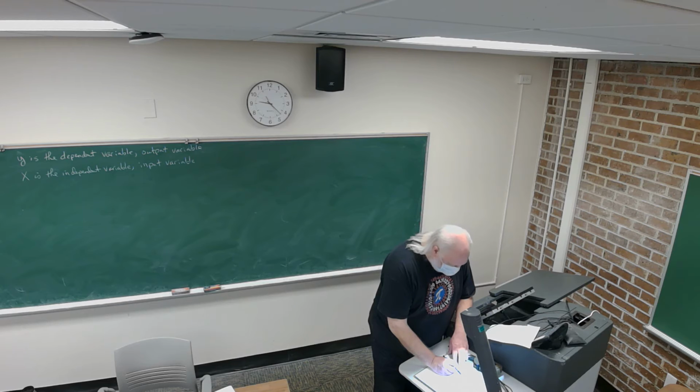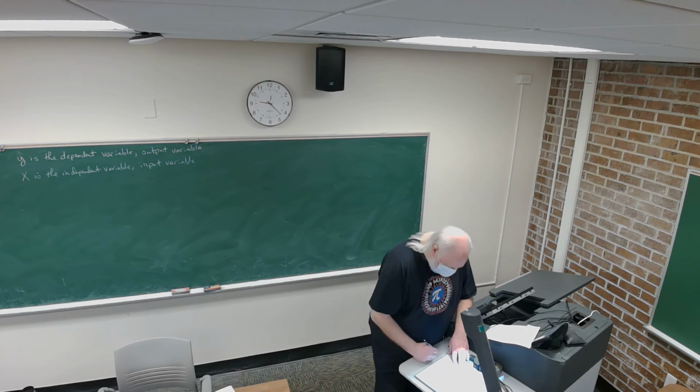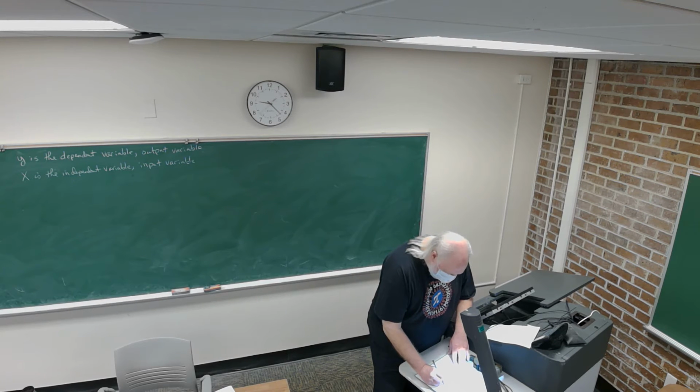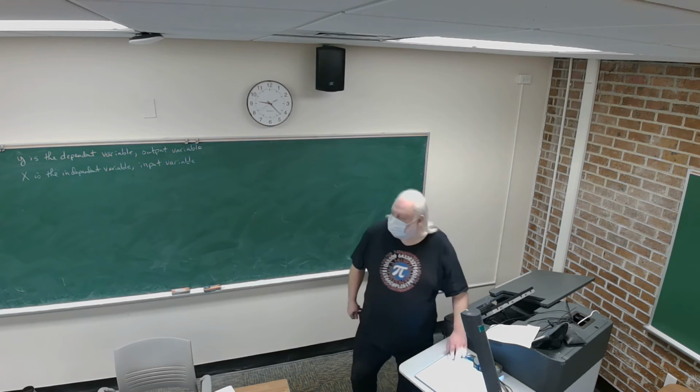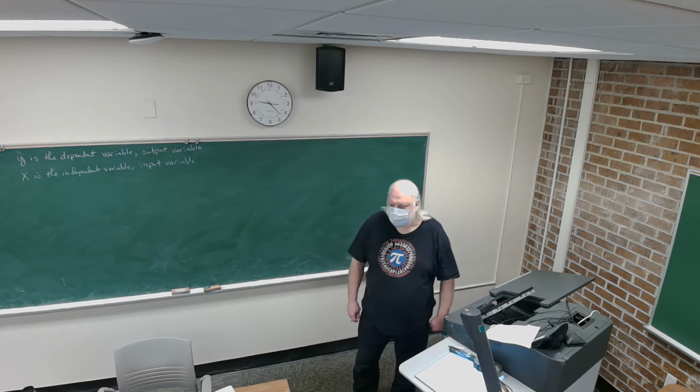It crosses here at x equals 6. So x equals 6 is an x-intercept. And it touches here at x equals 12. So x equals 12 is the other x-intercept. X-intercepts are where the graph crosses or touches the x-axis.